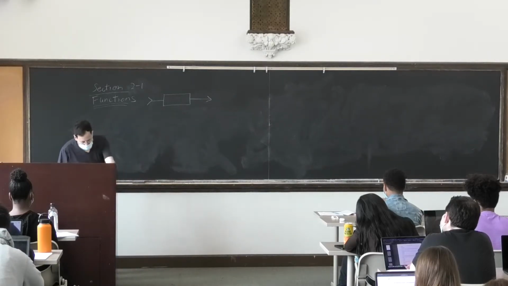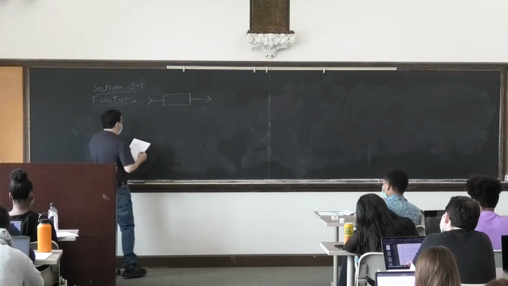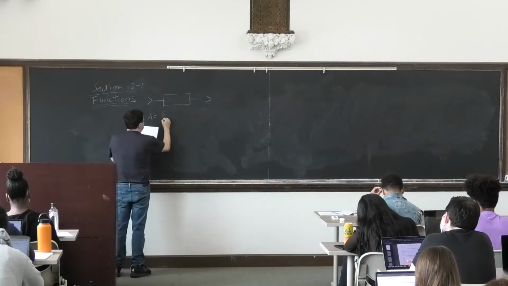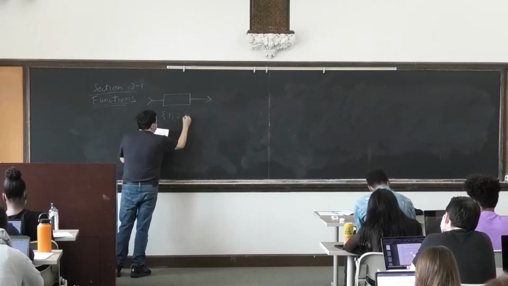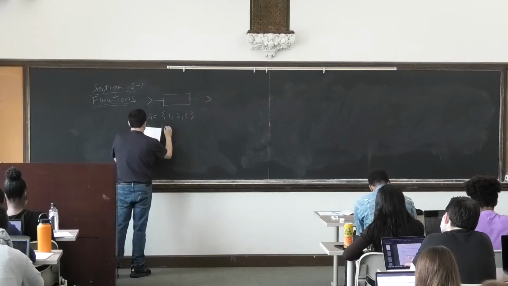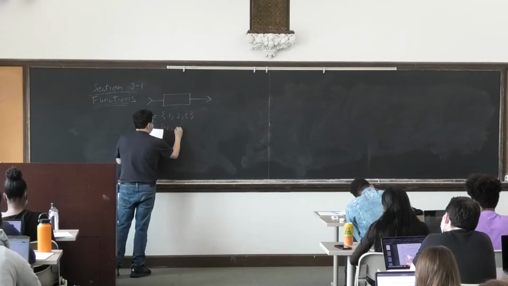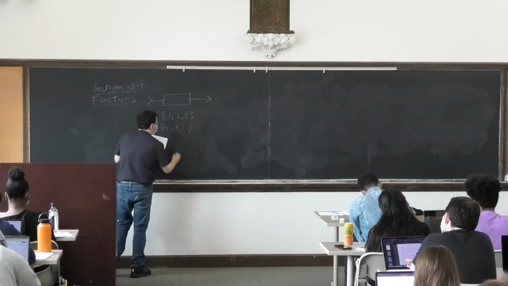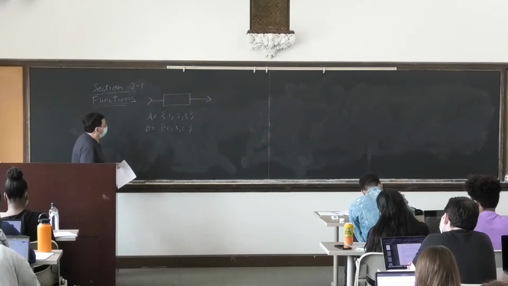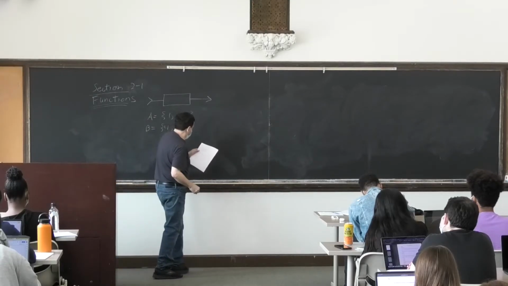So, for example, we could have a set A and a set B. And I'm in particular going to describe a function this way a lot. It consists of two things.